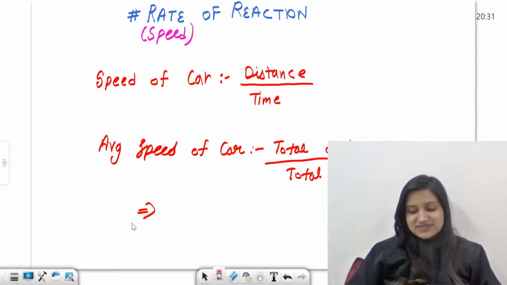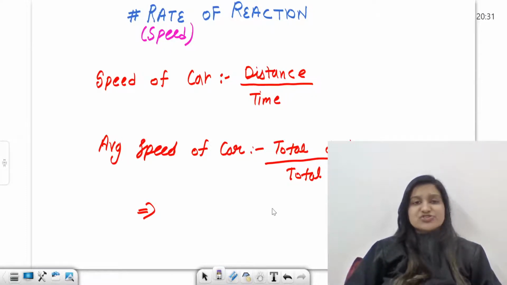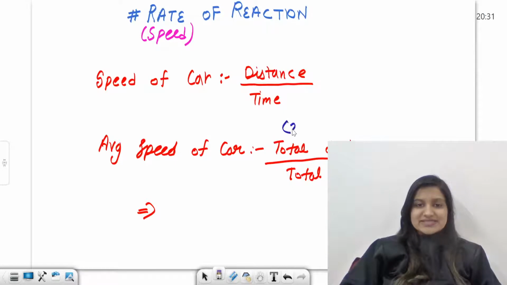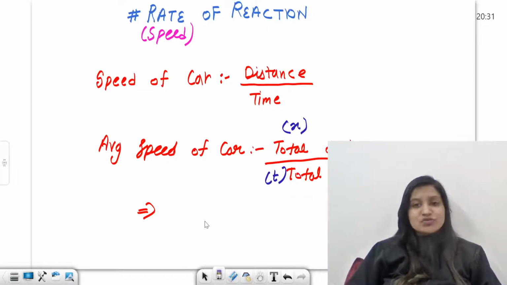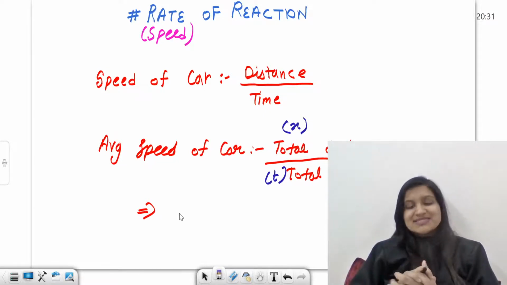Let's write on the left side. If I measure distance by x and time by t, how do I calculate the total distance?